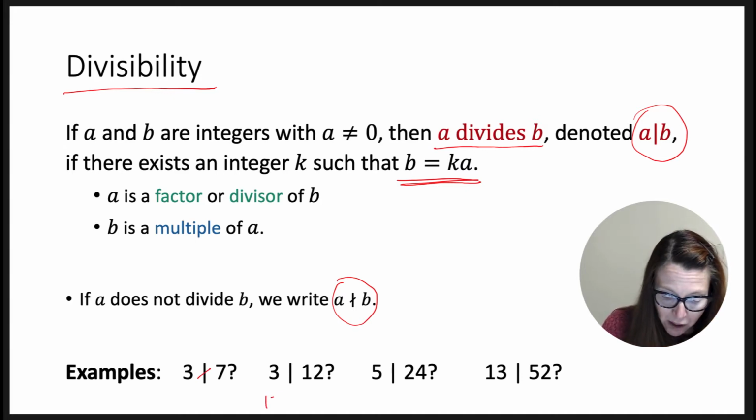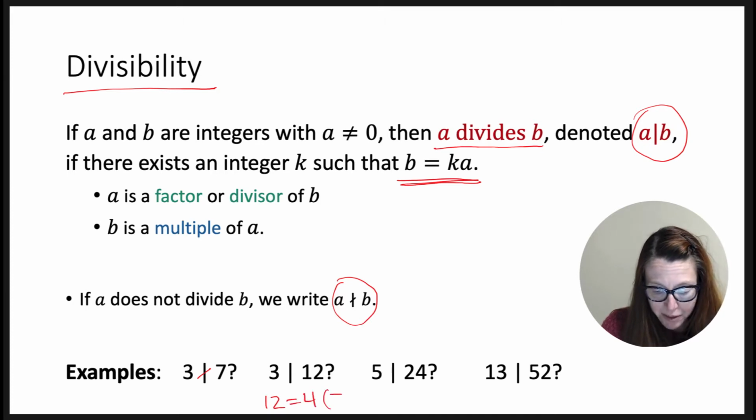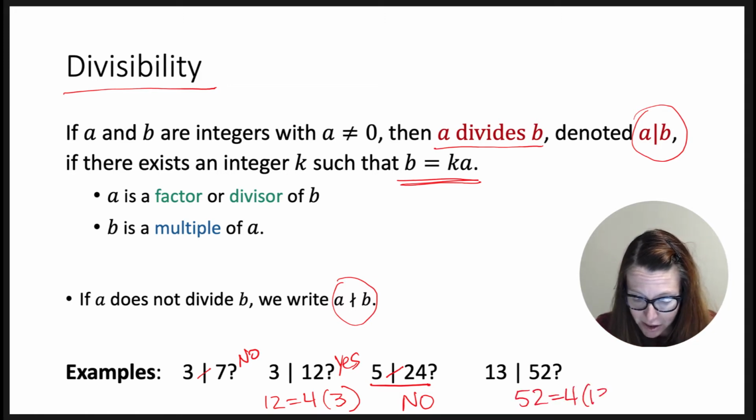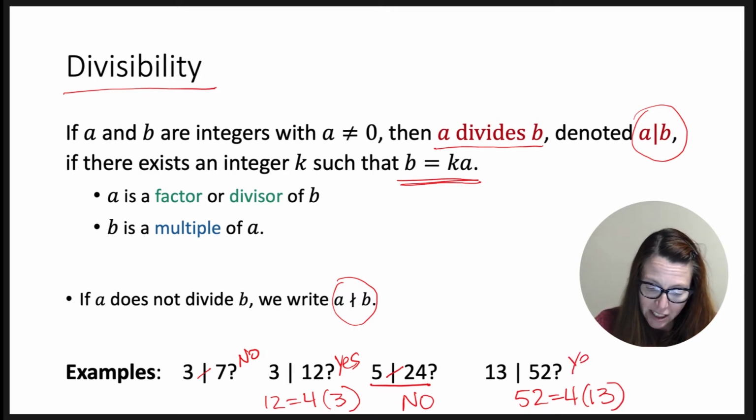But we know that 12 is equal to 4 times 3, and so 3 does divide 12. 5 is not a divisor of 24, and so 5 does not divide 24. 13, on the other hand, is a factor of 52 because 52 is equal to 4 times 13, and so 13 does divide 52.